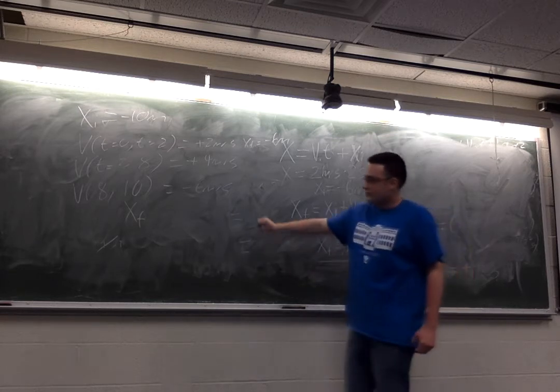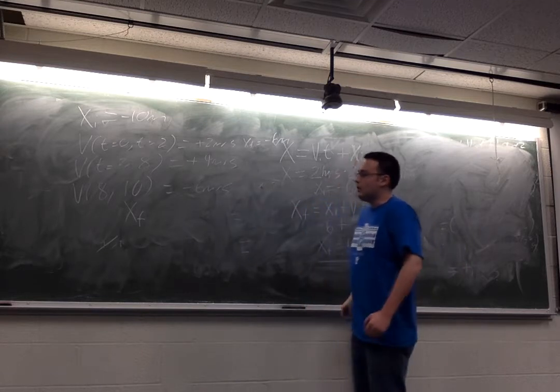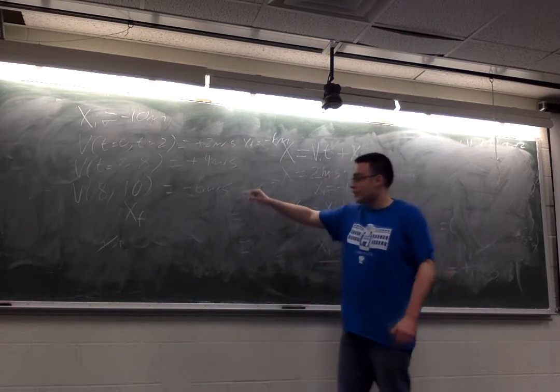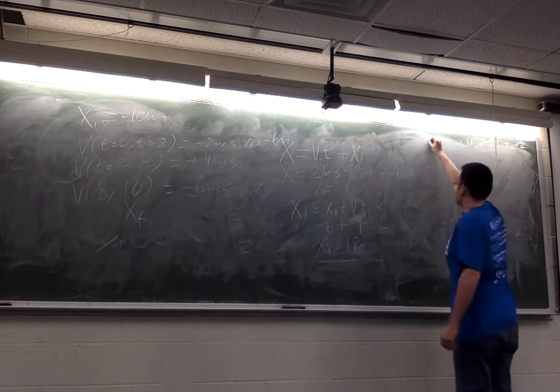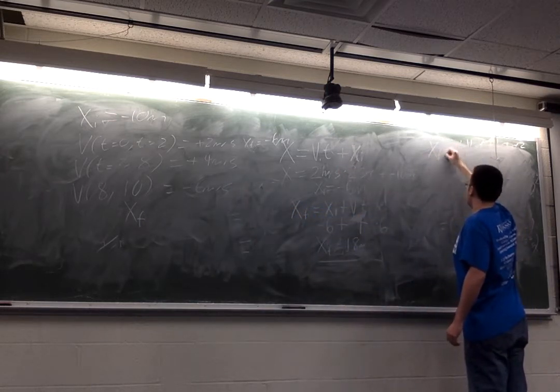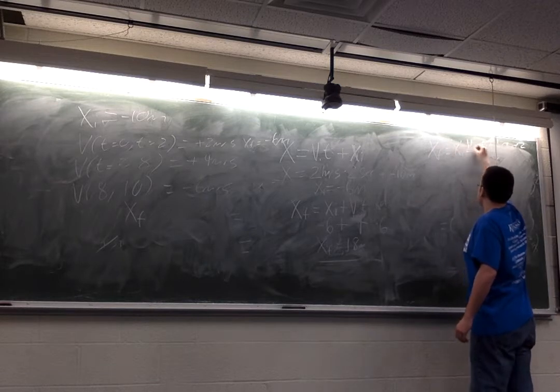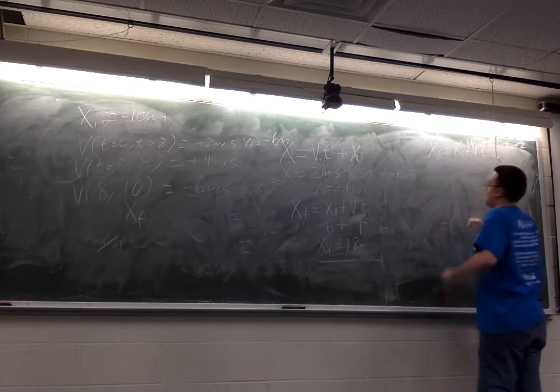Now we're going to find what its final is at the end of the 10 seconds. So we're going to go over here. We use the exact same equation. x final is equal to xi plus vit. We're going to plug in our values.